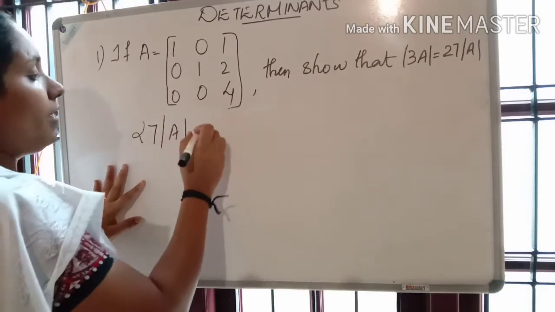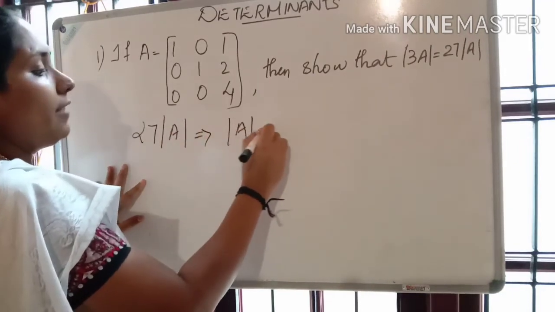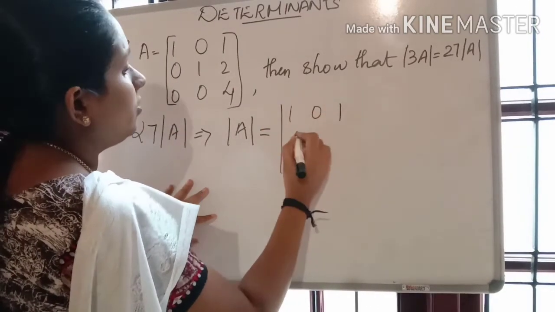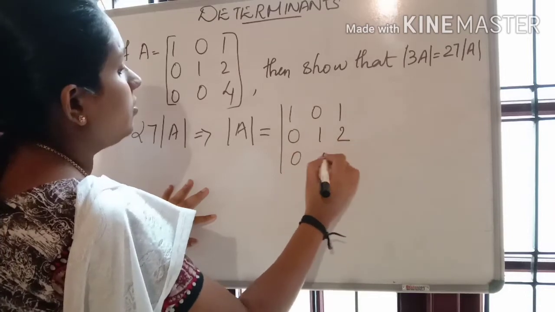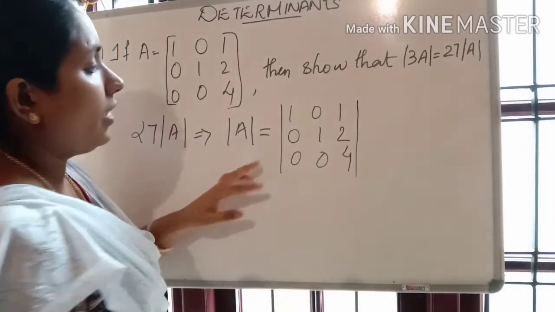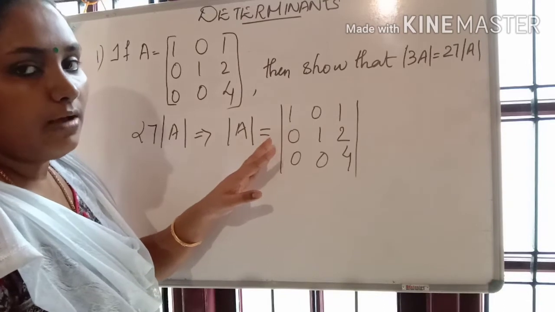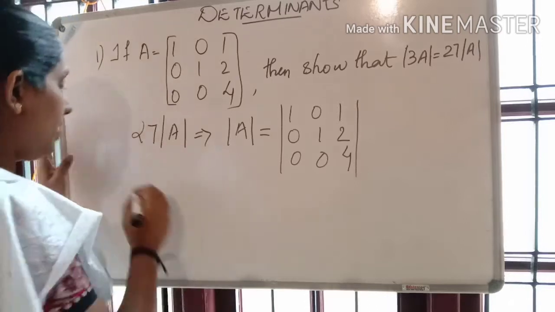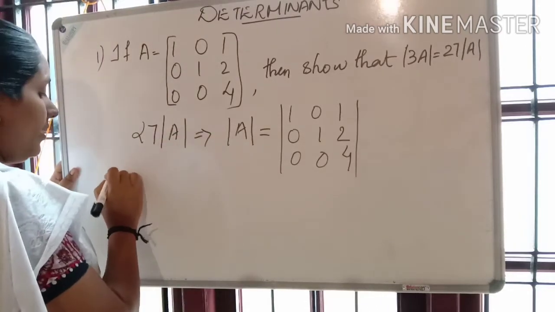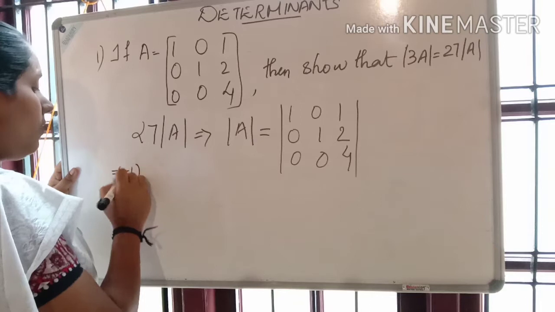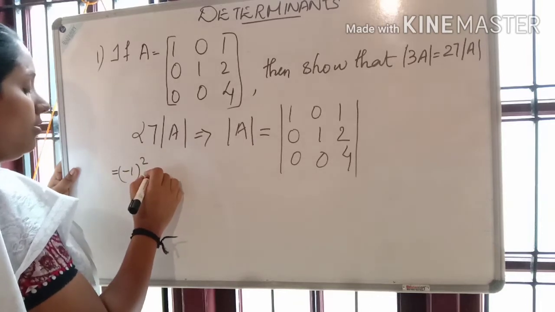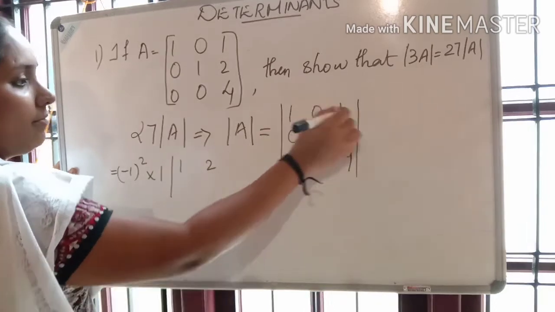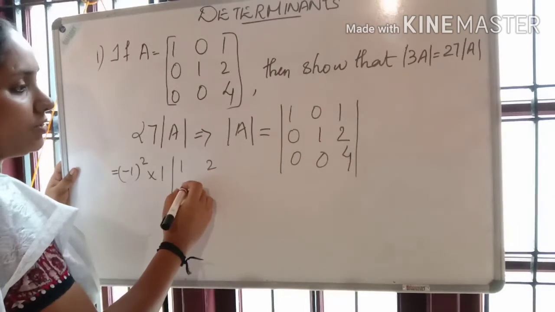First of all, we have to find the determinant of A, that will be written as 1, 0, 1, 0, 1, 2, 0, 0, 4. Just apply the steps for finding the determinant. Here minus 1 power 1 plus 1, that is 1 square, into 1, times the determinant of 1, 2, 0, 4, just eliminating the first column and first row.